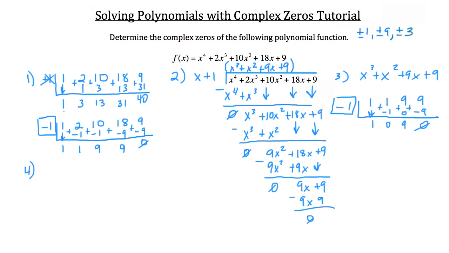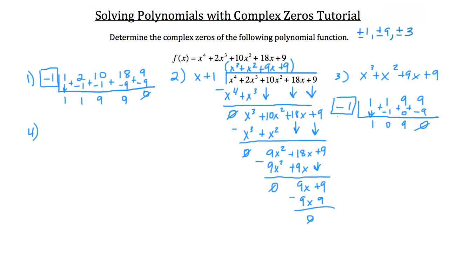So we know that negative 1 is a factor, so we're going to take x minus our root, which is negative 1, so x minus negative 1 is x plus 1. And we're going to be dividing this expression by that x plus 1. So I'll put that under our division here, x cubed plus x squared plus 9x plus 9.